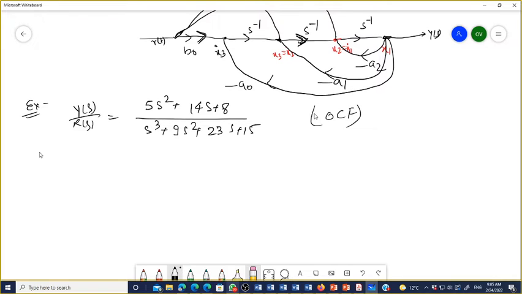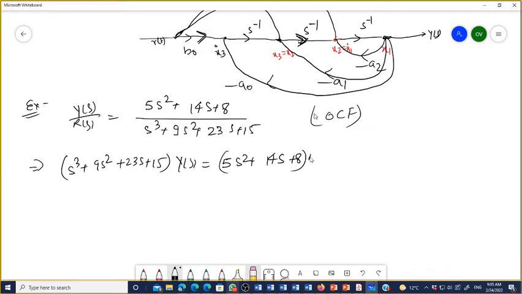So what you will do, your problem will start with (s³ + 9s² + 23s + 15) Y(s) equals (5s² + 14s + 8) R(s).